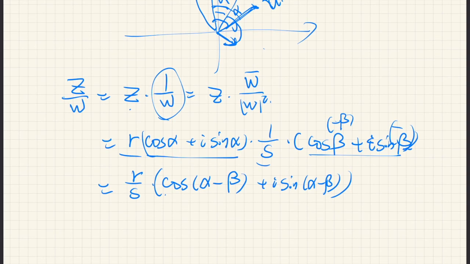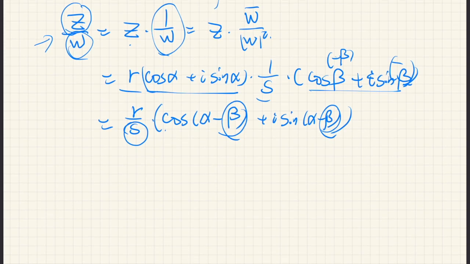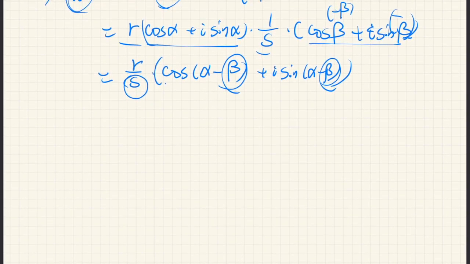So as we have explained before, dividing z by w shrinks z by the factor of s and rotates z clockwise by beta. Anyway, functions like sine and cosine are called periodic.